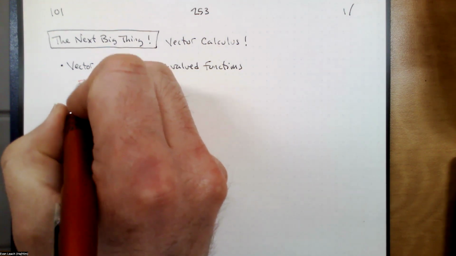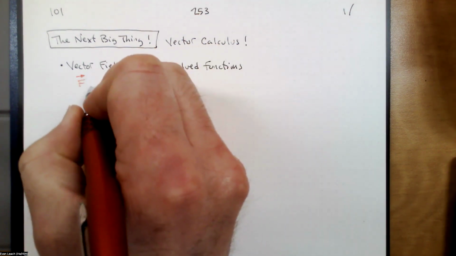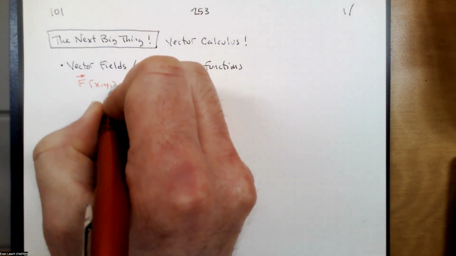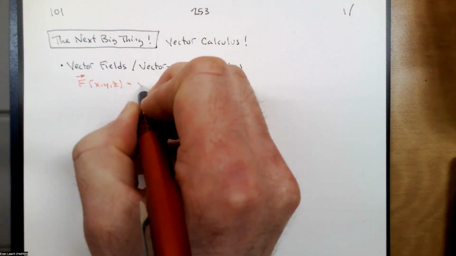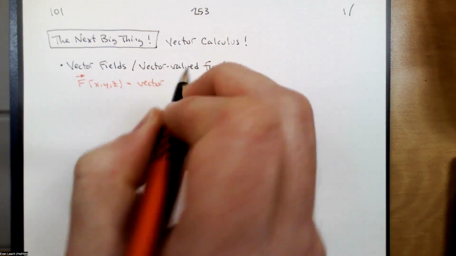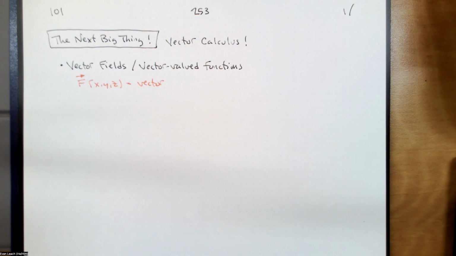So we take a vector field of a point and we get a vector. So we have a function that is assigning to each point a vector instead of a scalar. So instead of saying the temperature at 0, 0, 0 is 65 degrees, we say the velocity at 0, 0, 0 is this vector.